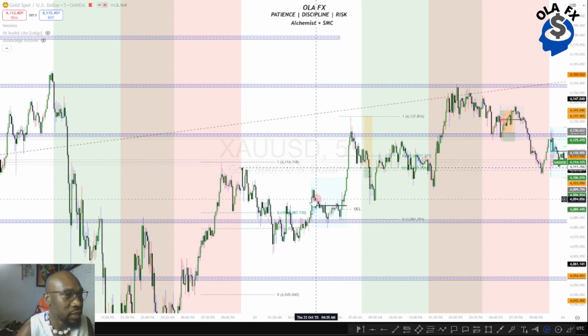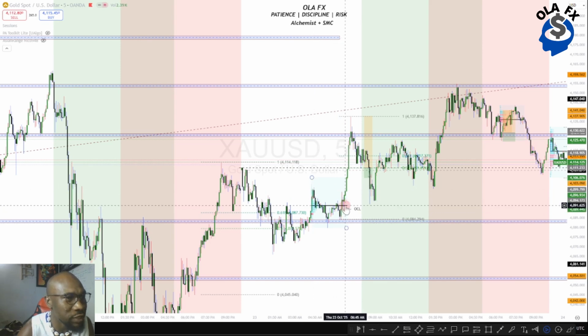Now, that very day I used fixed range volume. Yes, this is it, fixed range volume profile. That very day, around 6:30 a.m., I drew this fixed range volume profile from this high to this low, and it showed me that this is the point of control.